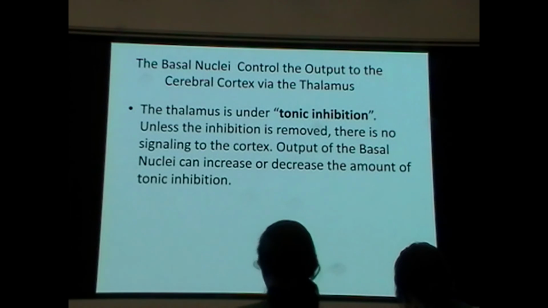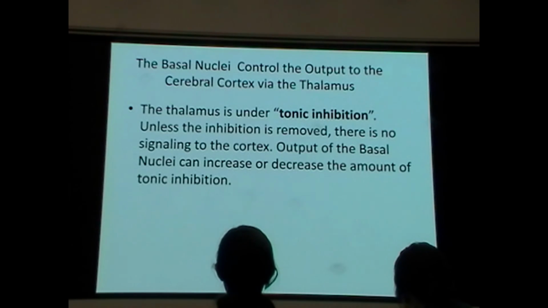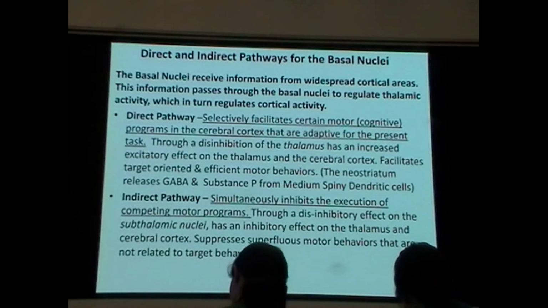nervous system. So there are two pathways that are associated with basal nuclear control. Okay? And they receive, obviously, from a lot of areas. They regulate thalamic activity, which in turn regulates cortical activity, because the cortex will respond to the sensory information that the thalamus relays.